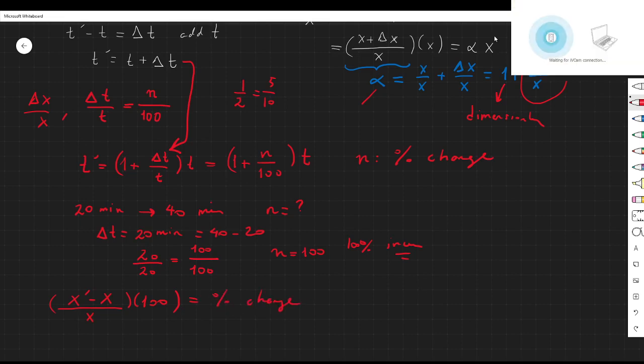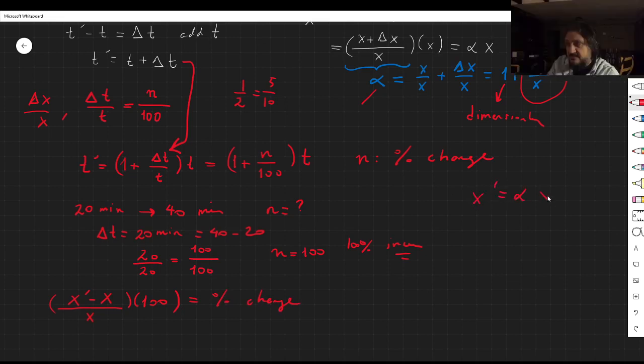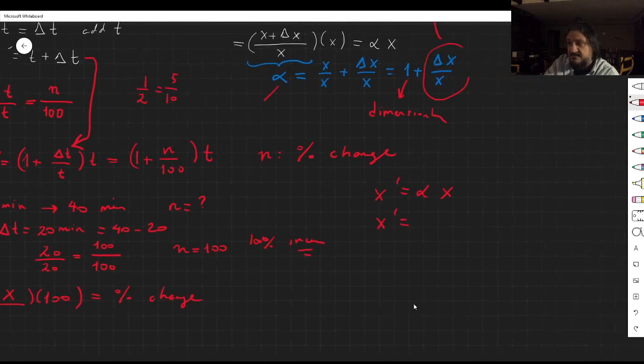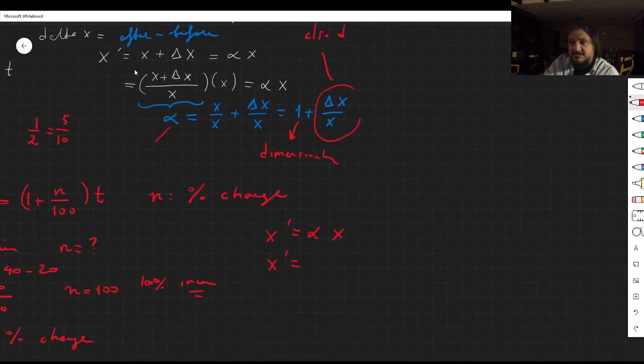All right, so let's do it again here. x prime is equal to alpha x, and alpha is 1 plus delta x over x, which we change to n over 100, this times x.